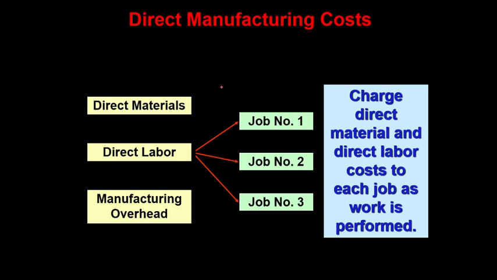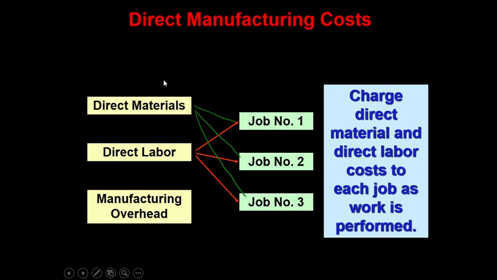The same goes for direct materials. For example, we are using lumber, and each lumber is measured in board feet. Say it costs 50 pesos per board foot. You simply multiply the cost per board foot times the board feet used for each job, and you can trace the cost of direct materials for each job.